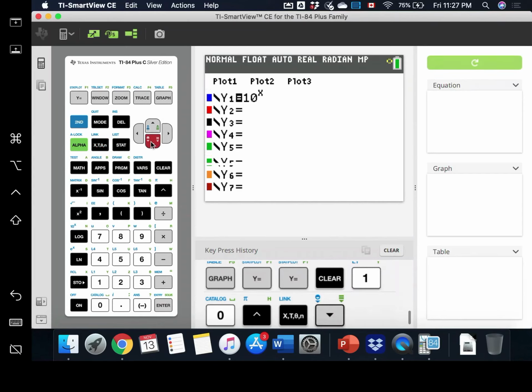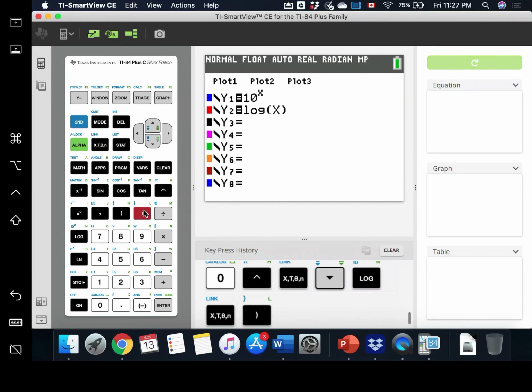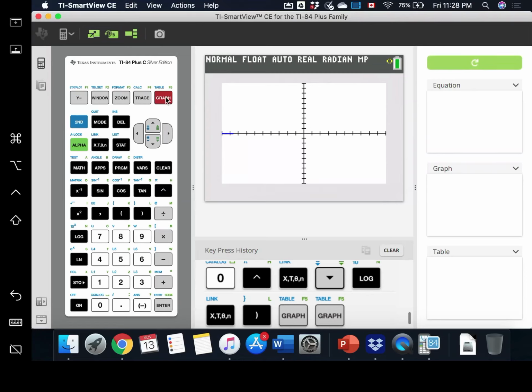Then you're going to use the down arrow and go to Y2, and you're going to enter this button right here, log. You're going to write log of x and close your brackets. Log is on the very left side, fourth button from the bottom. We're going to graph them on the same graph just to show you what they look like. This blue one here is your exponential function. The coefficient is 1 because there is no coefficient. You don't see it. So that's your exponential and your y-intercept is 1.